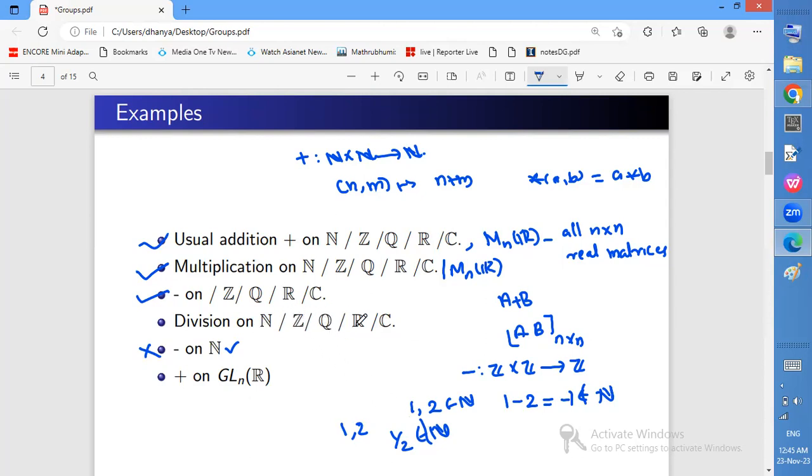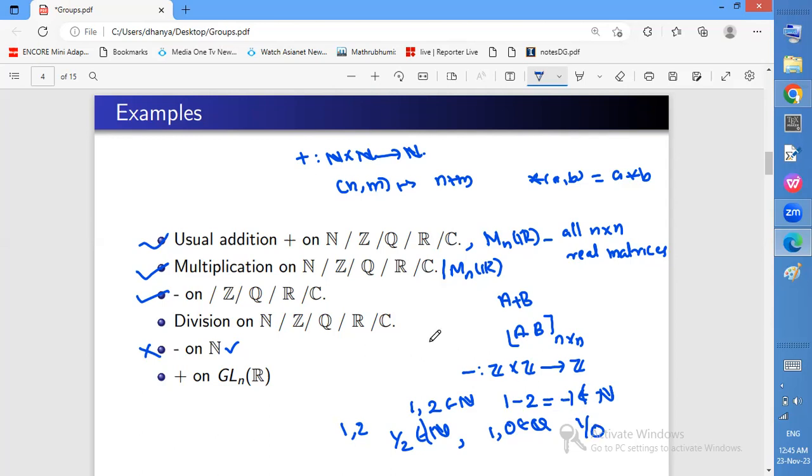Now, what about Q? For Q, we know that 1 and 0 are elements of Q. But what about the image of the pair 1, 0? It is 1 by 0. But 1 by 0 is not defined.